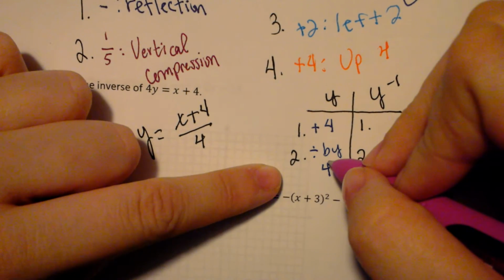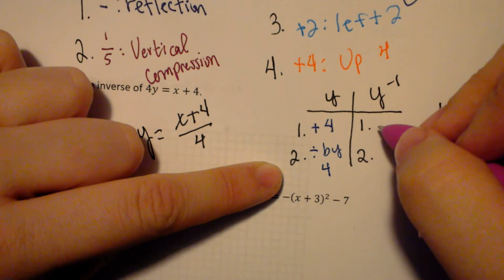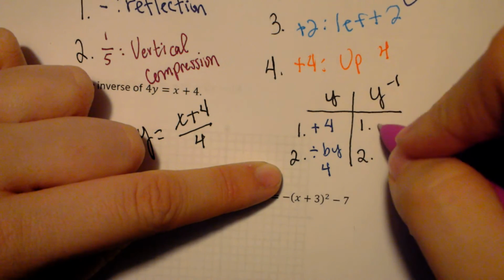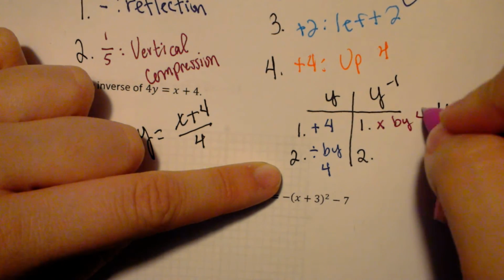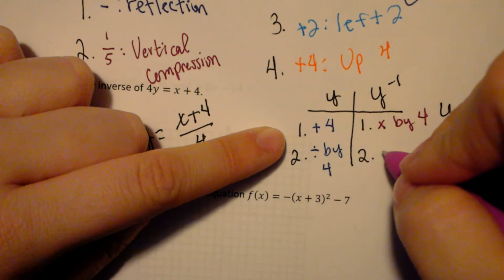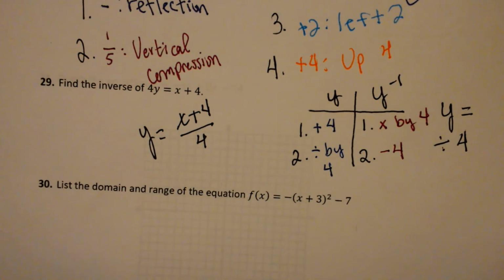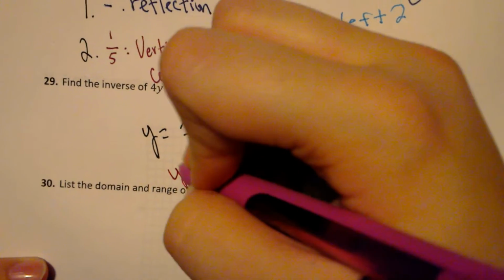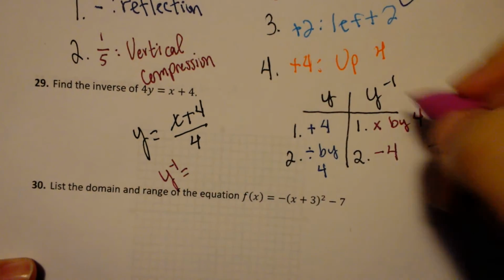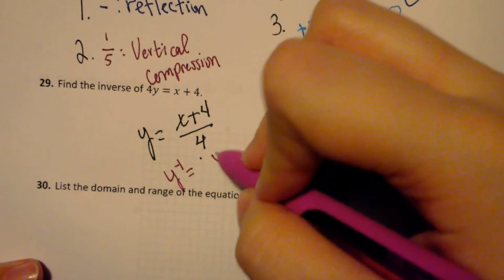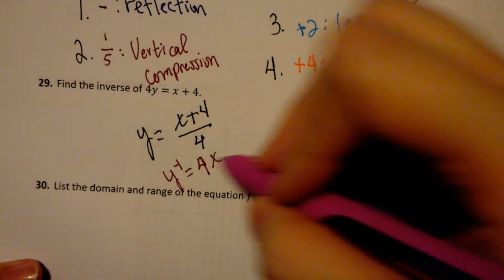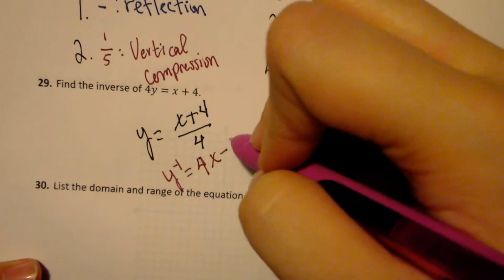So I'm going to start with the last operation and do the opposite. So instead of divide by 4, I'm going to multiply by 4. Instead of add 4, I'm going to subtract 4. So that looks like y inverse. I'm going to say x multiply by 4, that's 4x minus 4.